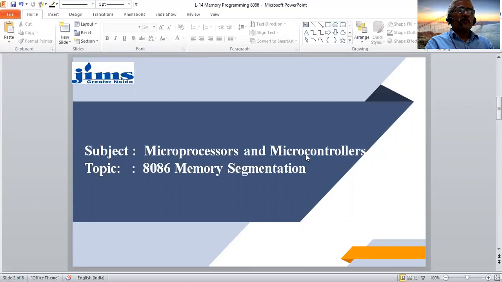So, 8086 being a microprocessor, in itself it is not sufficient. It requires the use of additional peripheral devices so that proper use of the processor can be made out.